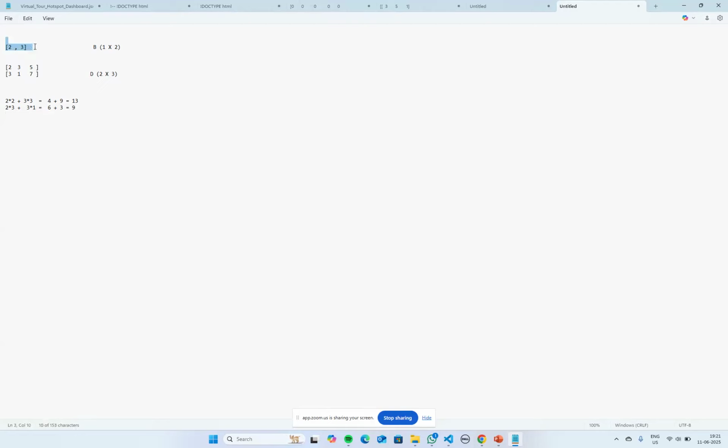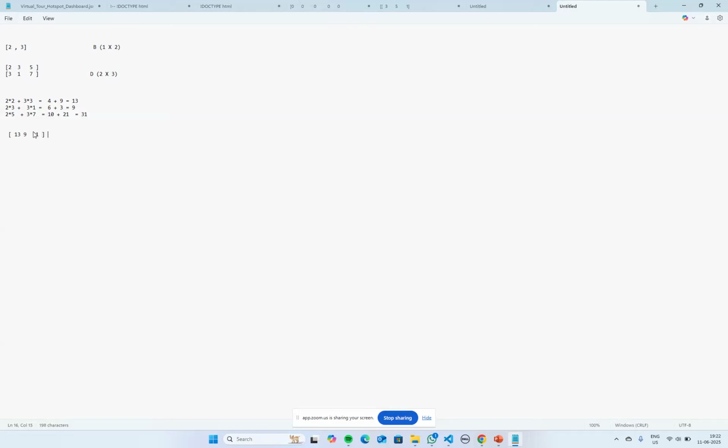Then 2 and 3 multiplied with 5 and 7. 2 into 5 plus 3 into 7 is equal to 10 and 21, so that is 31. So the result is 13, 9 and 31.